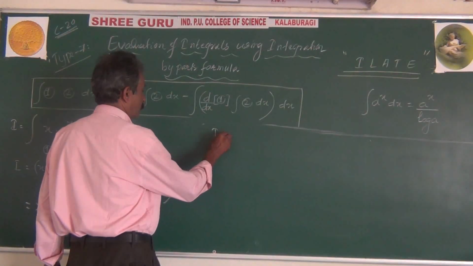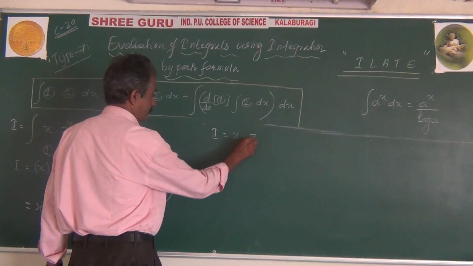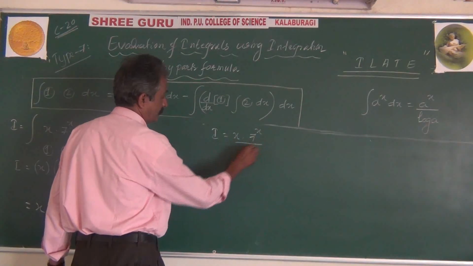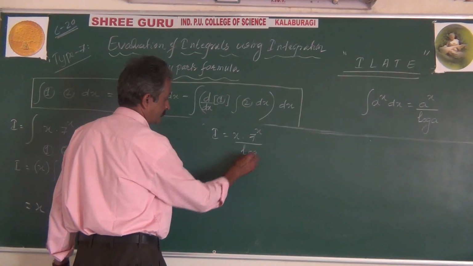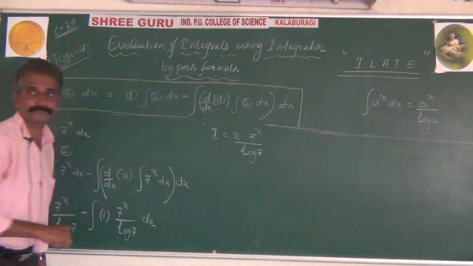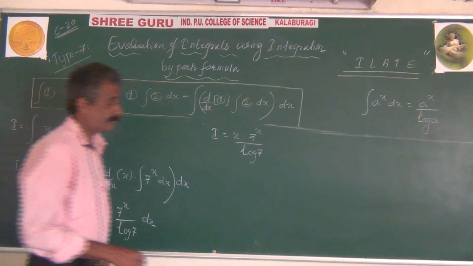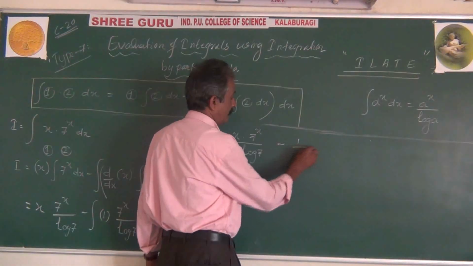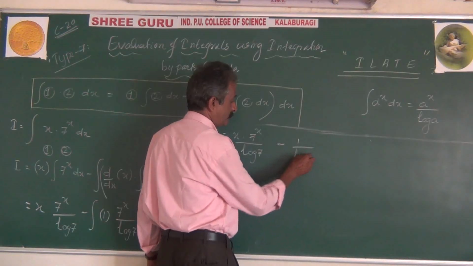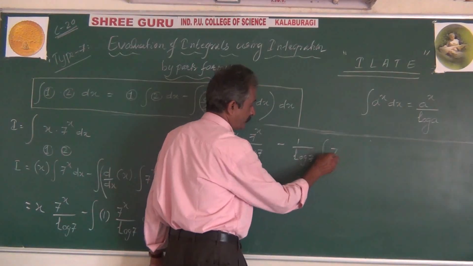That is, I equals x into 7 power x by log 7. Here 1 by log 7 is kept outside the integration, minus 1 by log 7 into integration of 7 power x.